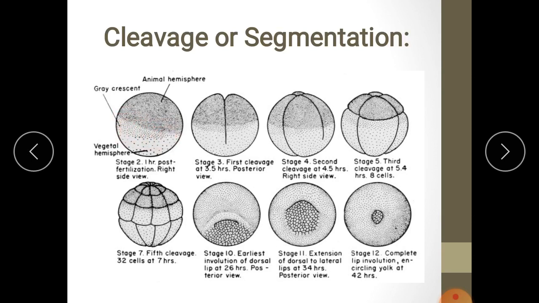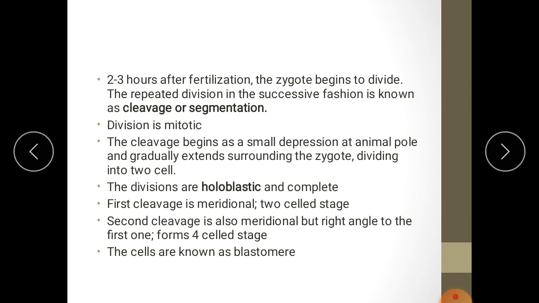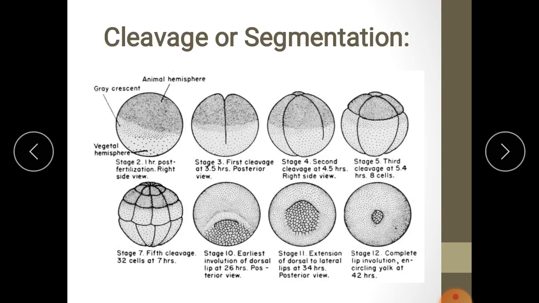Okay, then soon after the fertilization, around 2 to 3 hours after fertilization, the zygote begins to divide. Now this is zygote. Zygote begins to divide. So division furrow starts from animal hemisphere, extends towards the vegetal pole, dividing the entire zygote into two cells.